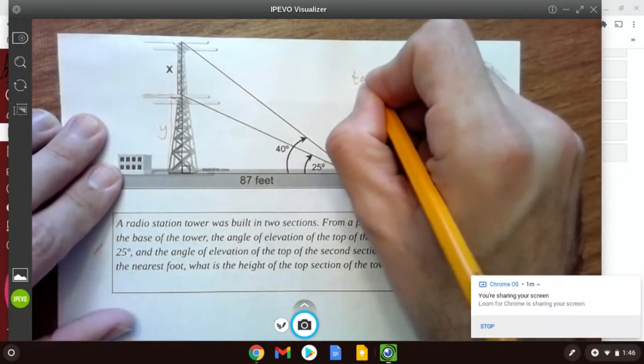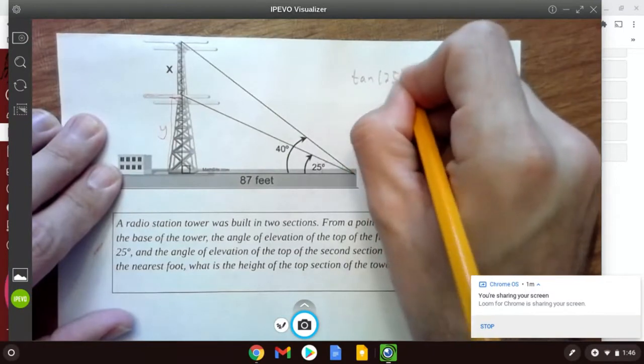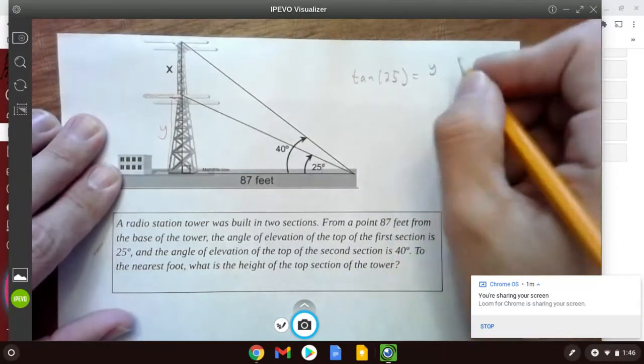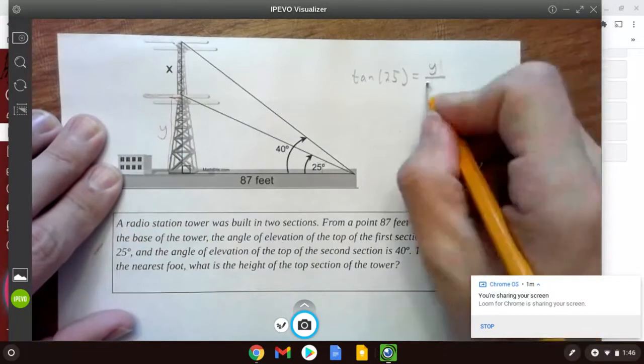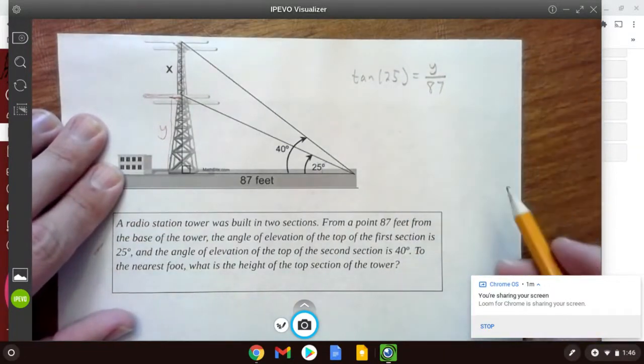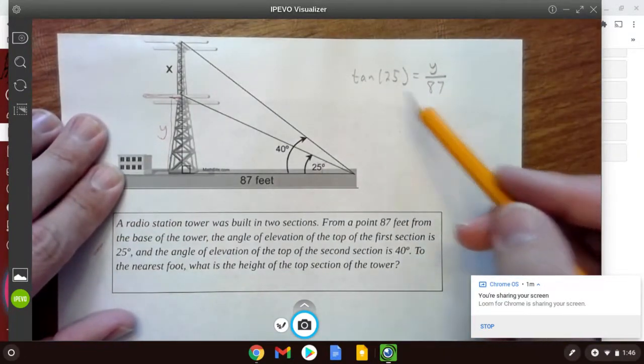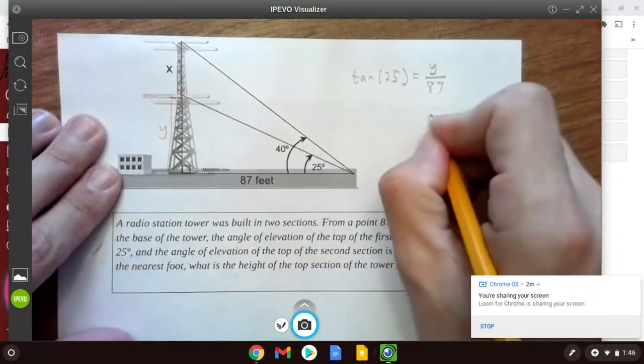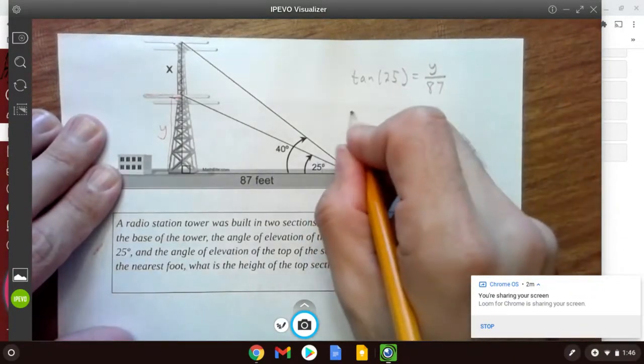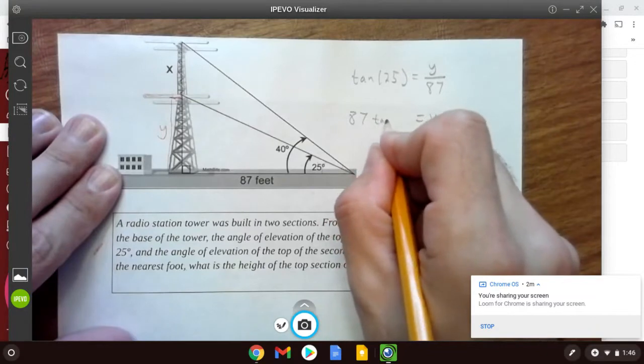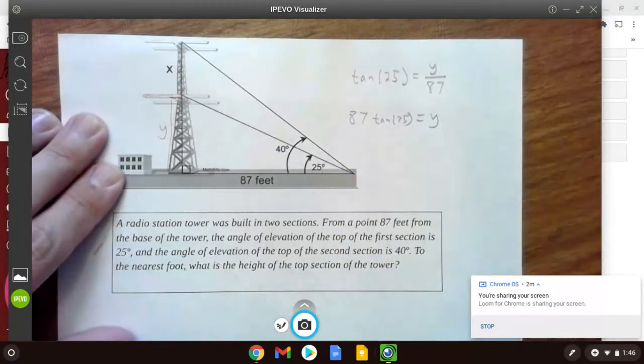So we have tangent of 25 equals opposite, which is y, over 87. Multiply by 87 and you get y is equal to 87 tangent of 25.